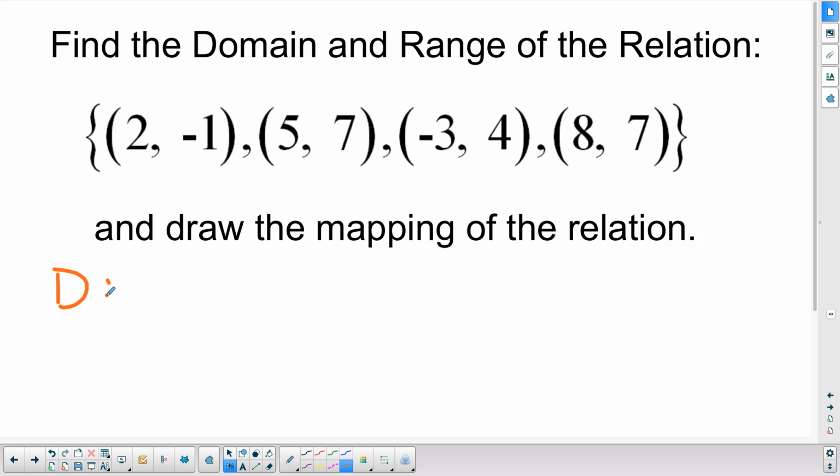So the domain, that is the x values, okay? So I'm going to draw myself a squiggle because it's set notation. What are the x values in my domain? Or in my relation?